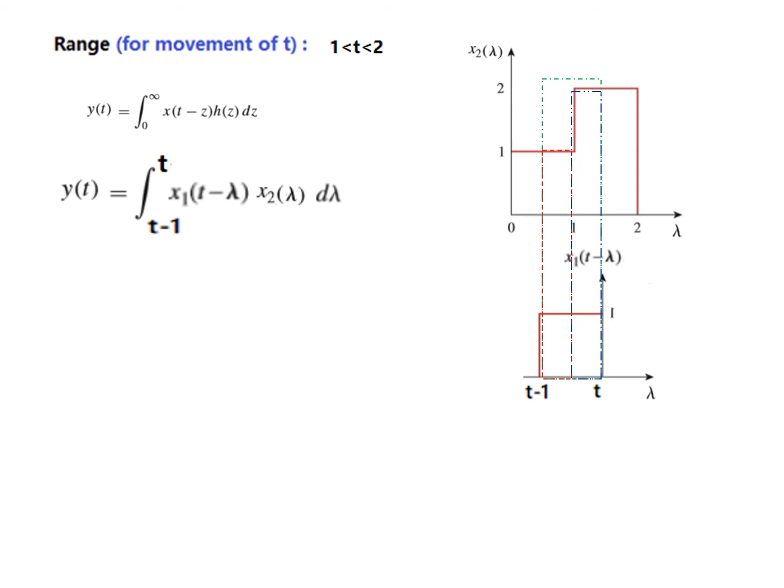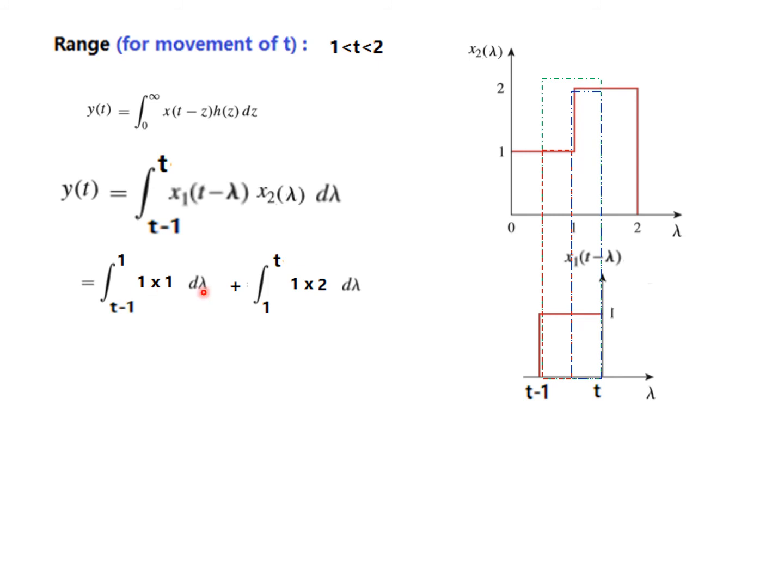We don't know from here, but for sure it is known here, it is 1. So the first part will be t minus 1 to 1, and the second part is from 1 to t, where the lower limit is clear, it is 1, and the upper limit is t. So let's write it: t minus 1 to 1, and 1 to t.